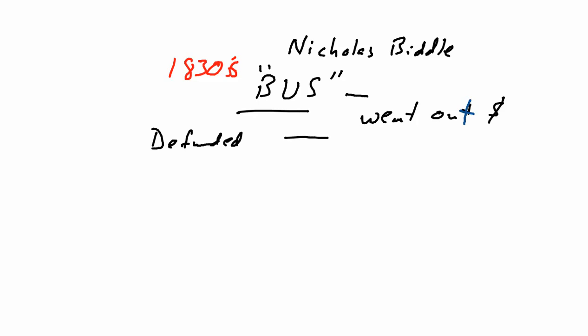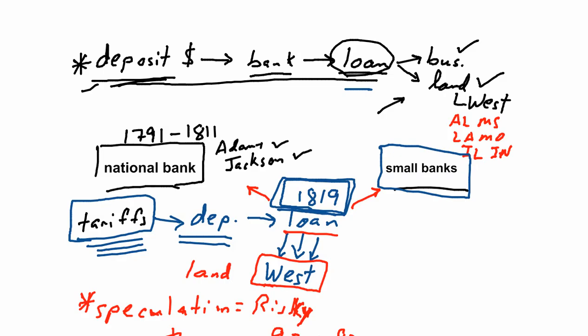And so this Western land was being bought with paper money on very easy terms. Something you could jot down here is that the National Bank had, in quotes, tight credit or tight lending.